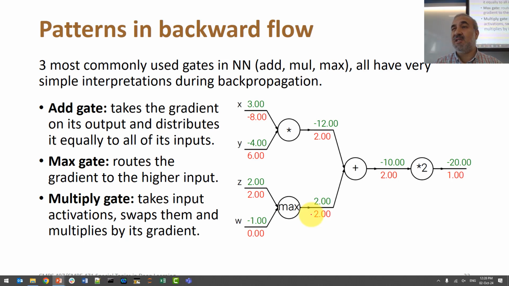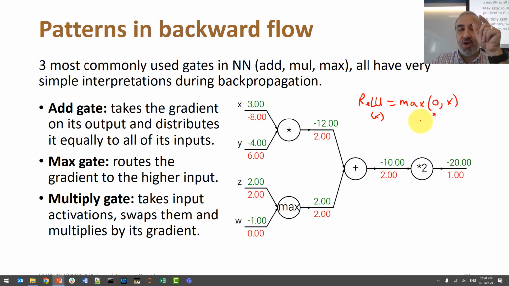How is that? ReLU of x is actually max of 0 and x, right? Because if x is less than 0, it would be 0. If x is greater than 0, it would be whatever the value of x. So the ReLU actually is a max gate.